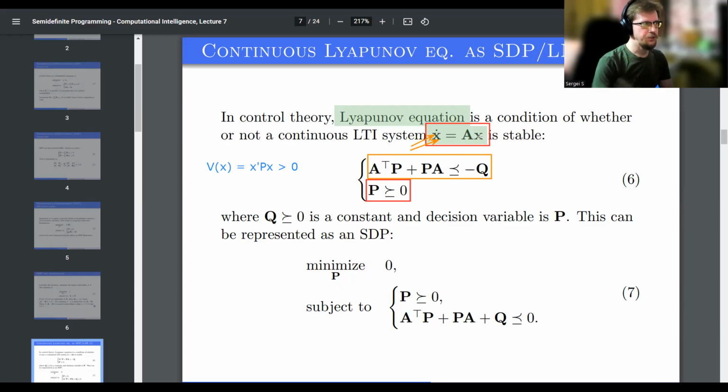So you substitute it, and you get essentially the Lyapunov equation. Since you want it to be everywhere negative, what you get here is x transpose times (A transpose P plus P transpose A) times x, and that has to be less than or equal to 0.